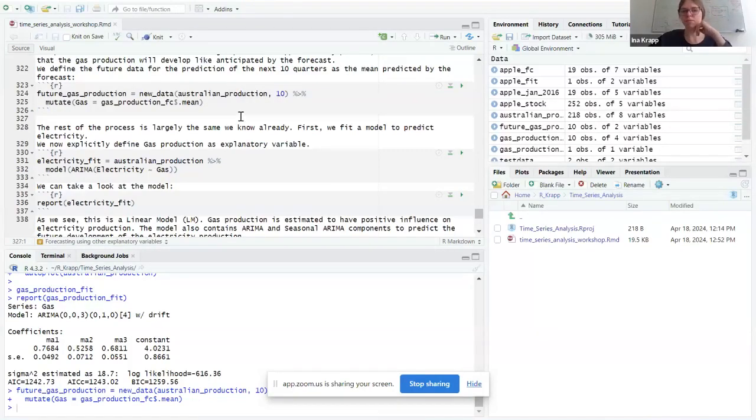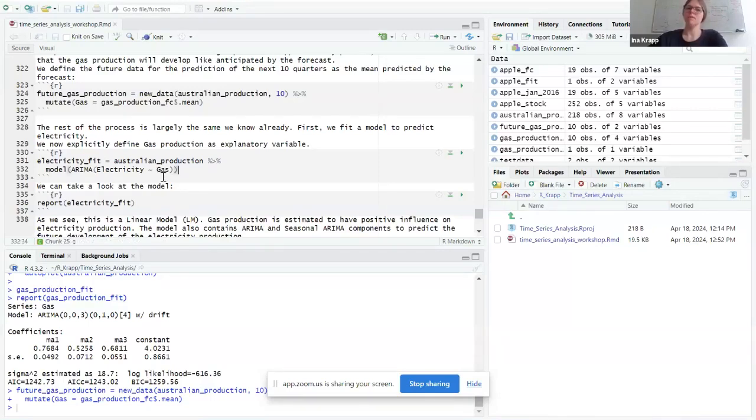The rest of the process is largely comparable to what we have done so far. First, we create a fit, and now we will have to explicitly define gas production as an explanatory variable. So now we tell the model: create an ARIMA model to explain electricity prices, but consider the gas prices.